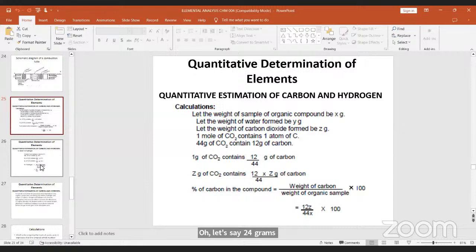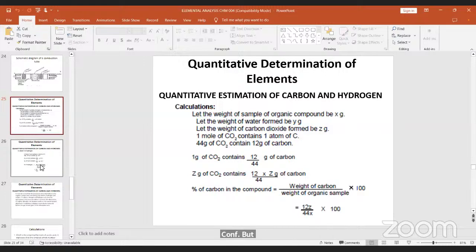An organic compound X has a weight of 24 grams. So our X here will be 24 grams. Okay, and we want to determine the composition of carbon and hydrogen in that compound.